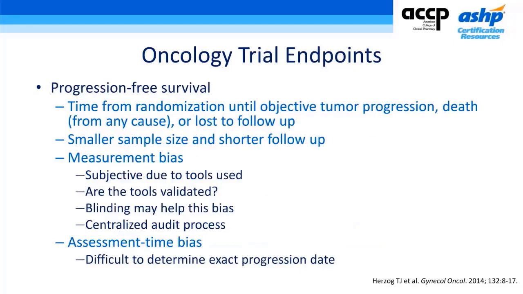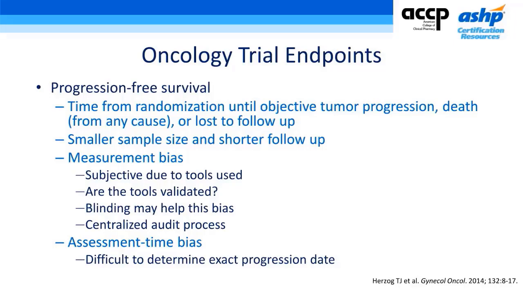Now, progression-free survival is the time from randomization until objective tumor progression, death from any cause, or loss to follow-up. Generally, you'll need a smaller sample size and a shorter follow-up time frame for this primary endpoint. However, I want to point out there could be some bias with it, particularly with measurement bias and assessment time bias.